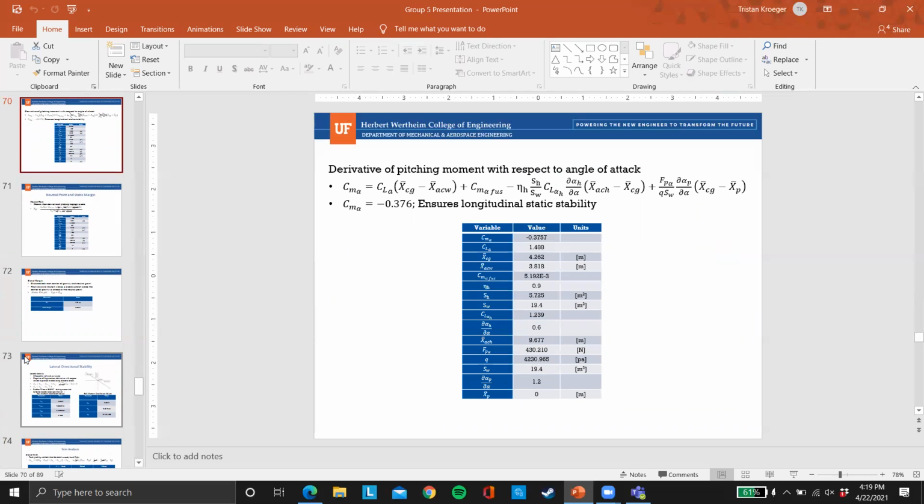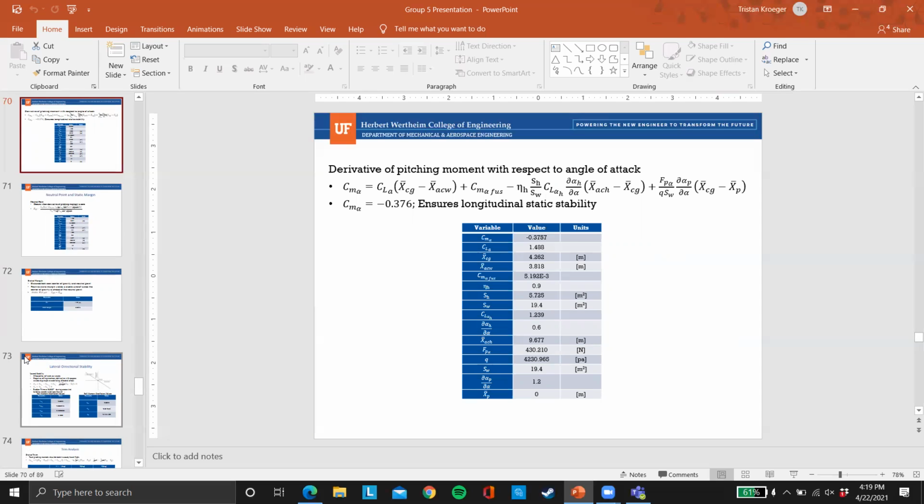So the X bar. What does the X bar represent? It's like the X bar CG. We have a lot of X bars here. X bar CG is the distance from the nose to the center of gravity of the entire aircraft.